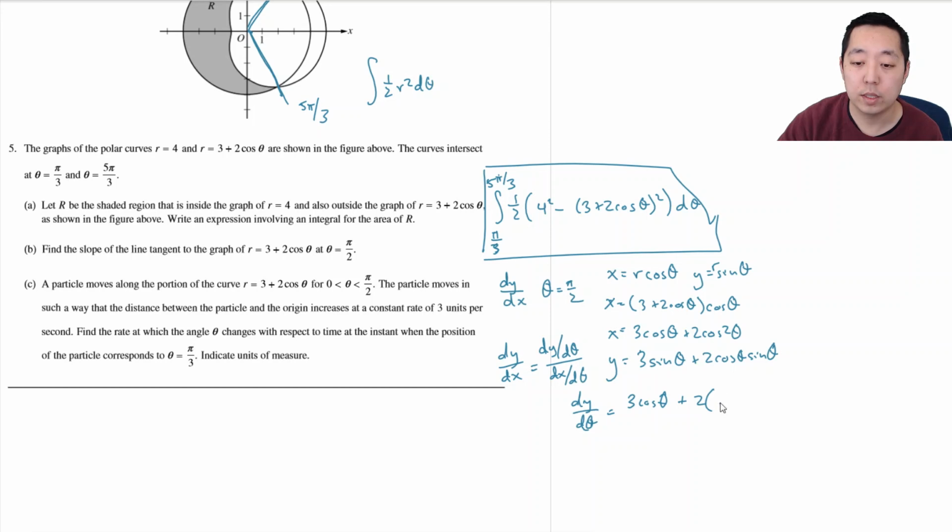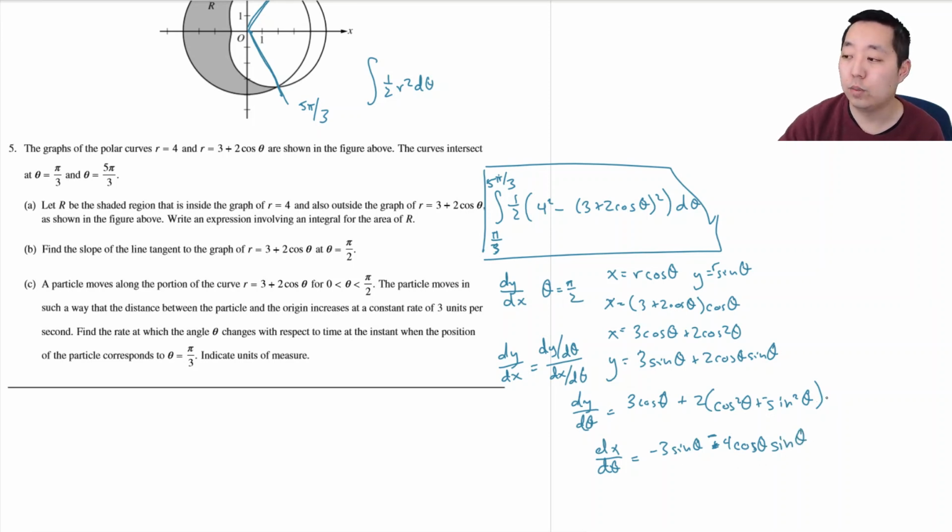Cosine theta times cosine theta is cosine squared theta, plus negative sine theta times sine theta, it's negative sine squared theta. Okay, and then dx d theta is negative 3 sine theta plus 4 cosine theta, because it's cosine squared, so it's 2 times 2, that's 4 cosine theta. Then derivative by chain rule, derivative of cosine is negative sine, so it makes it negative sine theta.